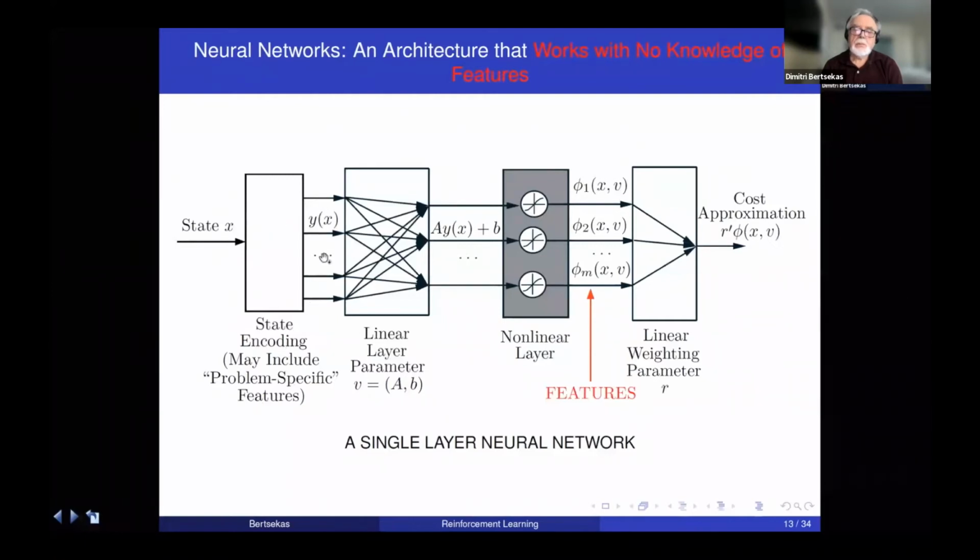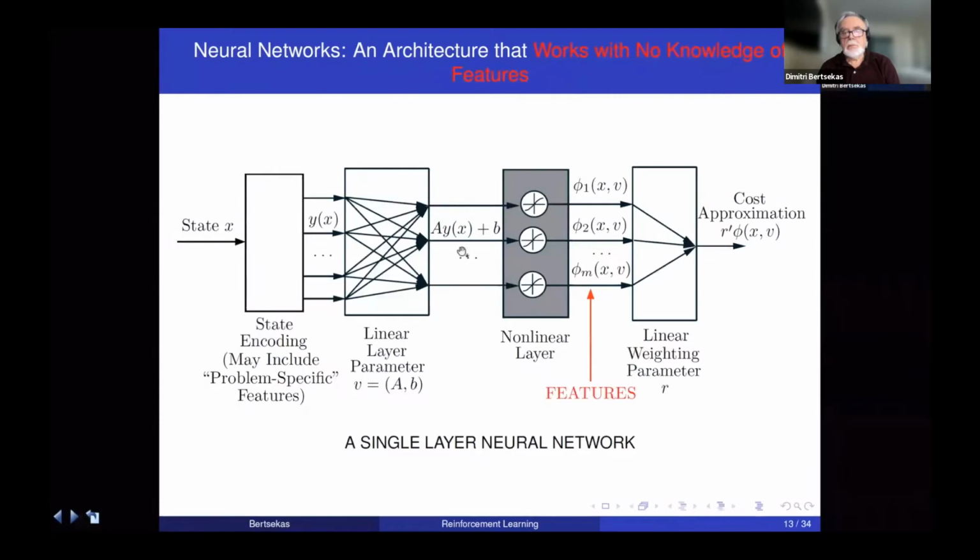We obtain y sub x, and then we pass it through a linear layer, which is basically a linear transformation involving a matrix A and a vector B. And these are the parameters of the linear layer. There are quite a few of them, right? Because this matrix potentially has a lot of weights, a lot of components.